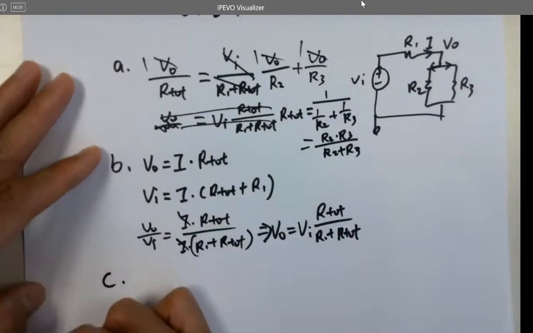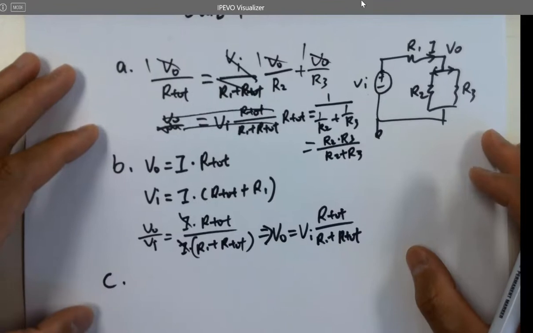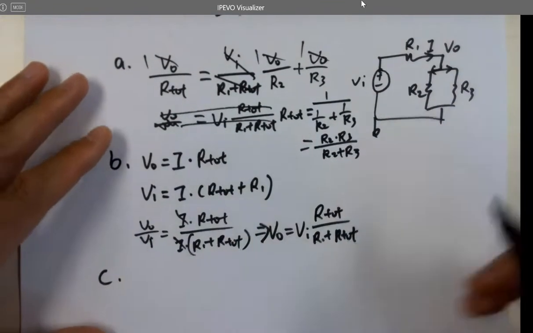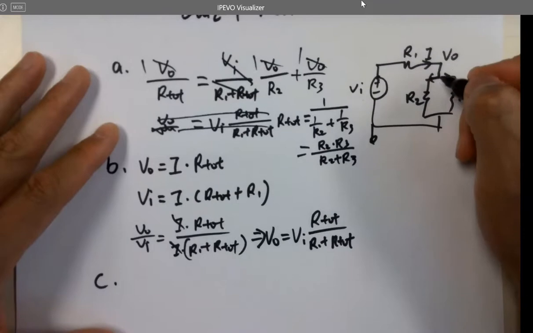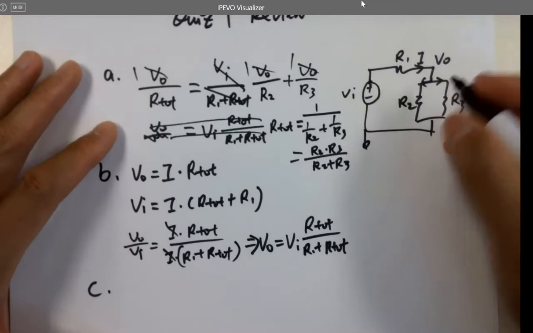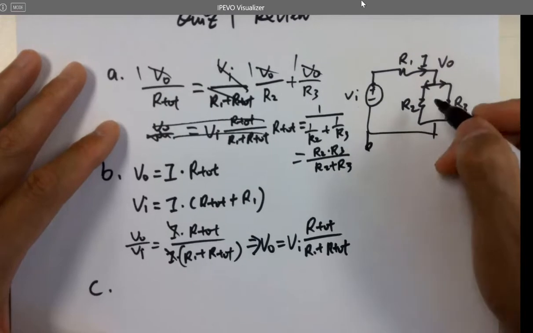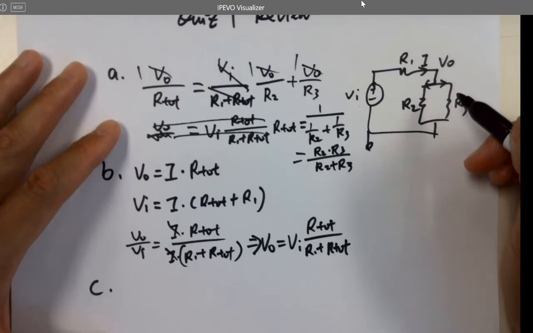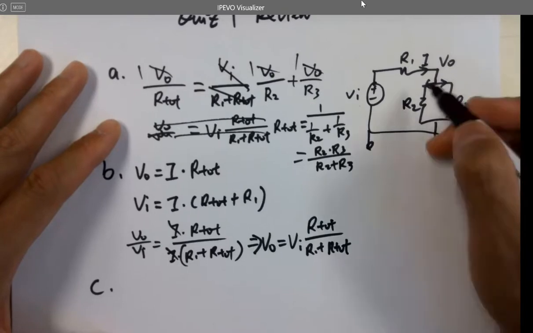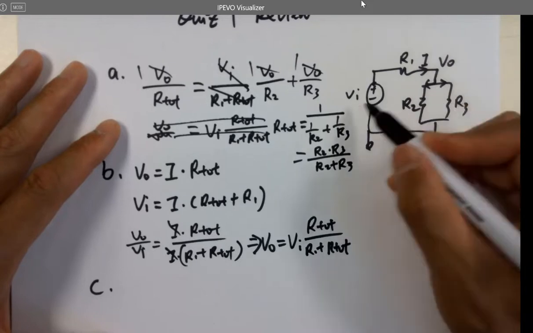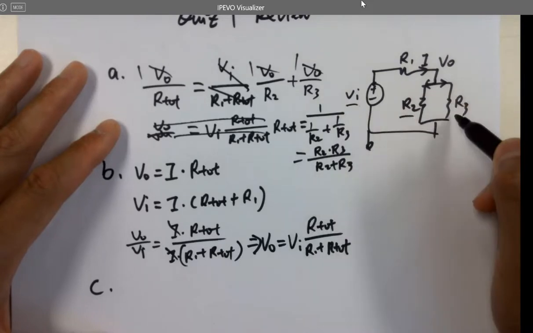So C, I didn't ask you to derive it, so you can use the conclusion from the current divider. If you want to derive the conclusion for the current divider, you can do that, but here we're not asking to derive it, just represent the current flows through here and here using VI, R1, and R2, or R2 and R3, and R1.